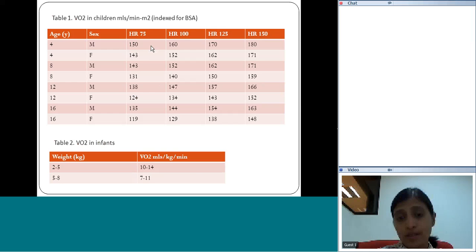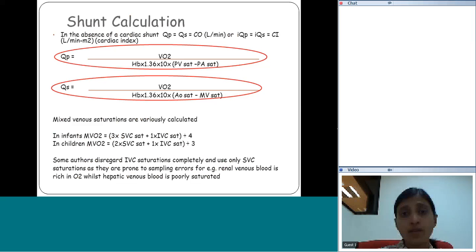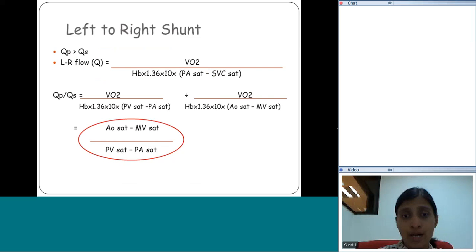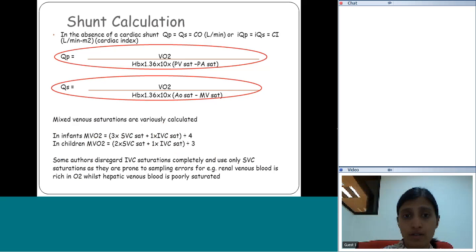Now, like we mentioned before, in the absence of a shunt, QP, QS, and cardiac output are all equal. If you look at QP, or the pulmonary circulation, you apply the same formula again. You have VO2, which is the oxygen consumption.